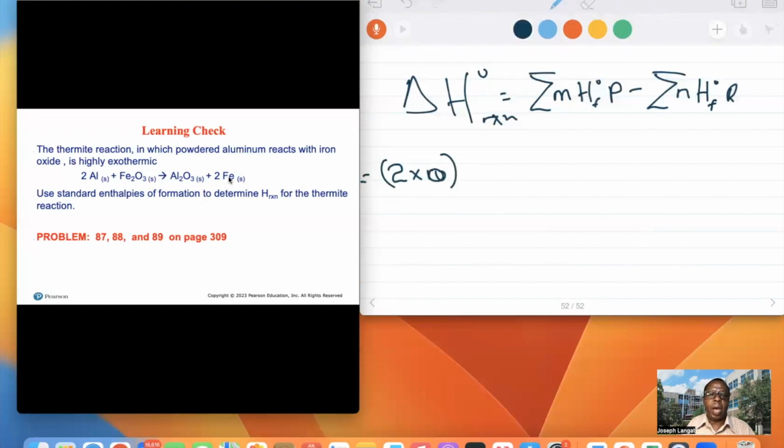If you look at the back of the text, the standard enthalpy of formation for iron is 0, plus aluminum oxide, which is negative 1,675.27 kilojoules. So you have to find the summation.